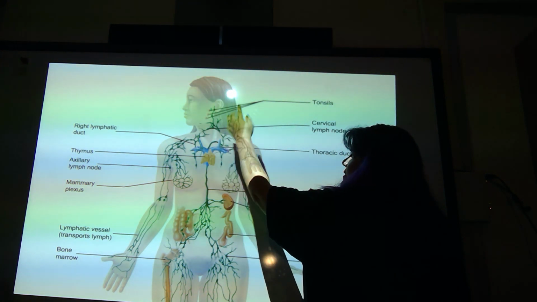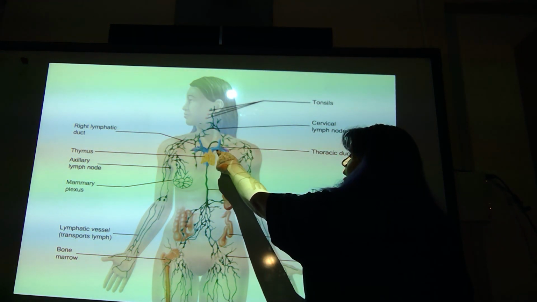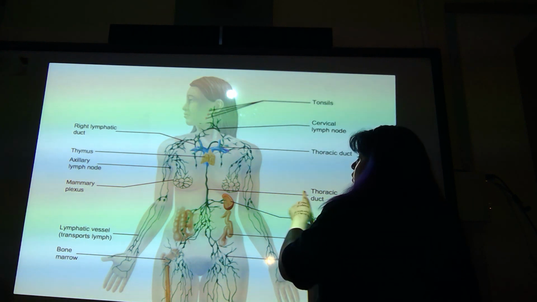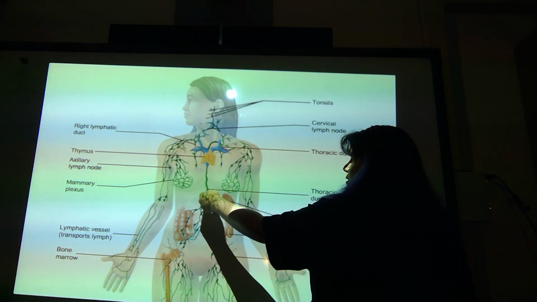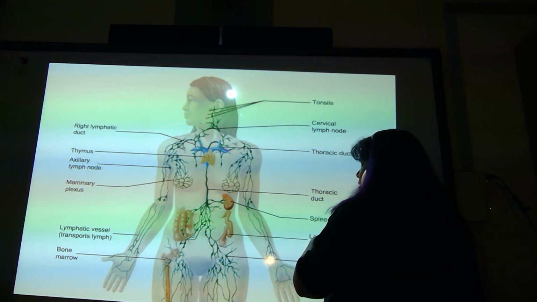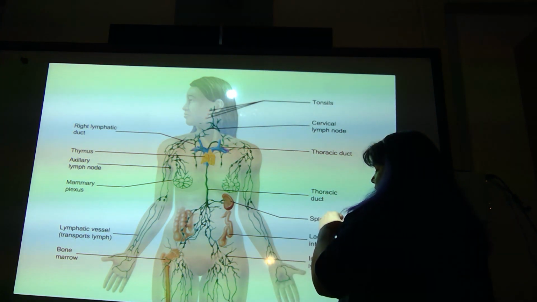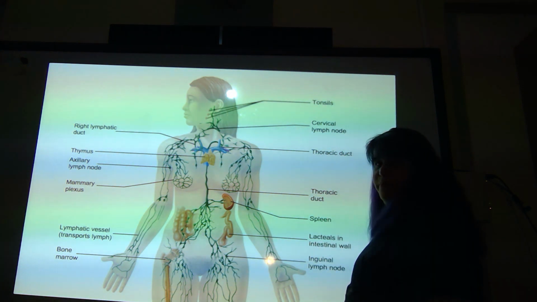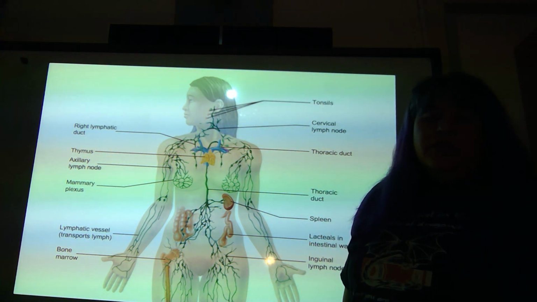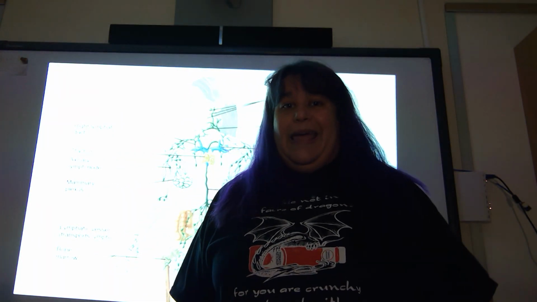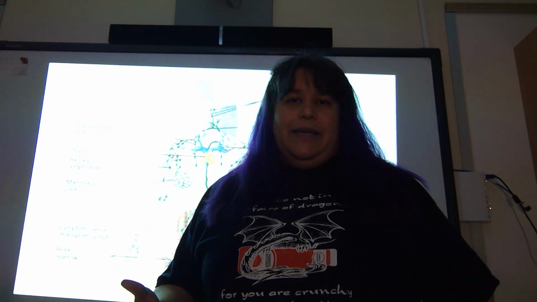Again, that's kind of a dumping tube after having the filtering going on. Here's your thorax where your heart and your lungs are, so that makes sense. You've got lacteals, like I said, in the intestinal wall. And then down here in your hip, you've got the inguinal lymph nodes. Now, inguinal means basically your upper leg, your hip area. So that makes sense.